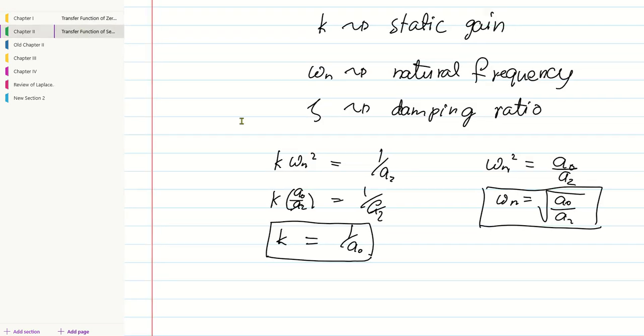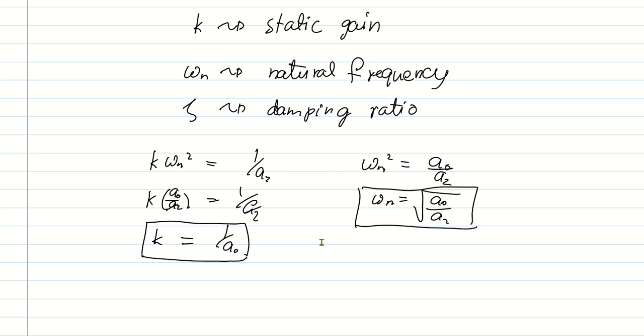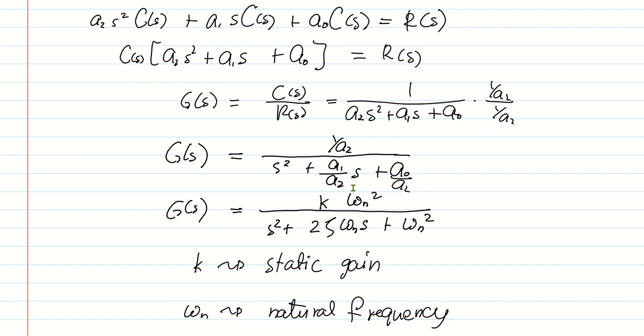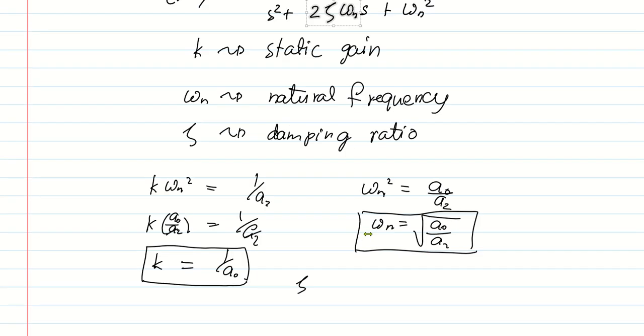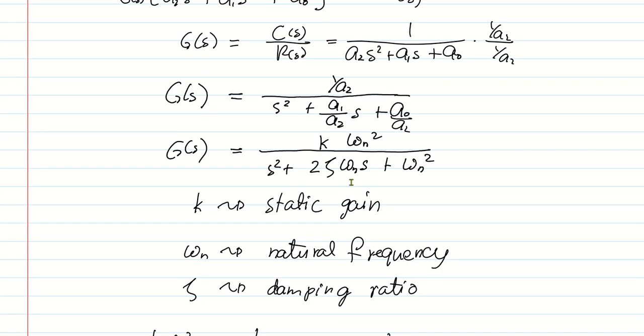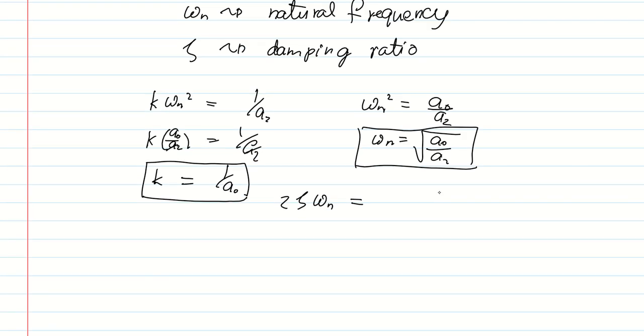And lastly, for the damping ratio, zeta, you look at this again. This term, a1 over a2, should be equal to this one. So 2 zeta omega n, this is the coefficient of s here, should be equal to the coefficient of s in the other equation, which is a1 over a2.